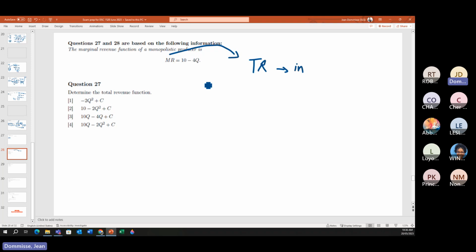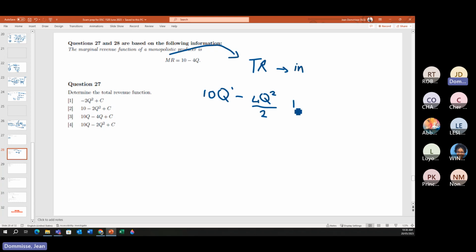When we integrate, we're going to do a few things here. From 10, we integrate, so it is 10q. There is a 1 that you would divide by 1, but one can leave that out. For 4q, where it was 1, that becomes 2, because it's 1 plus 1, but then we need to remember to divide by whatever there is.